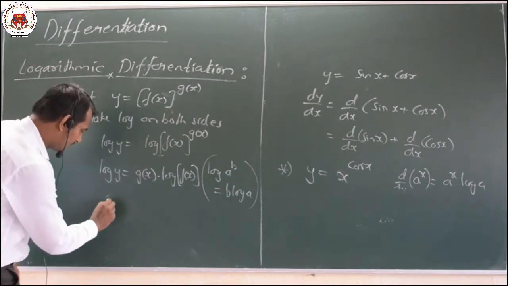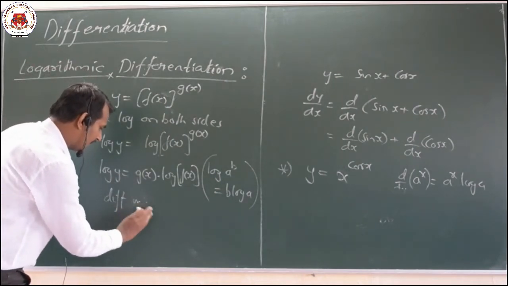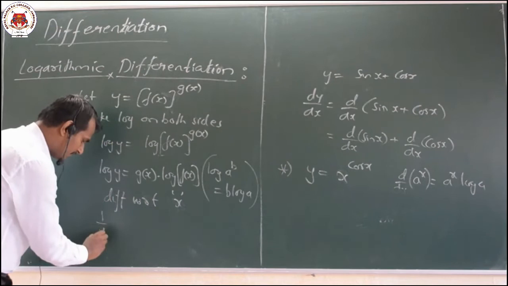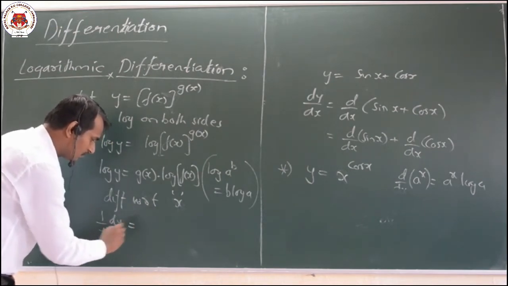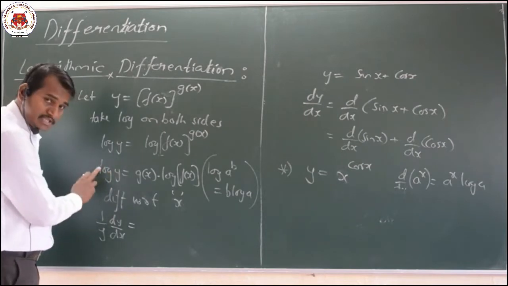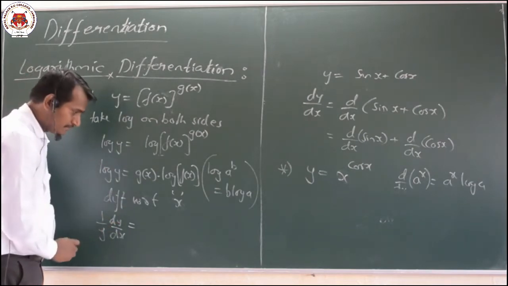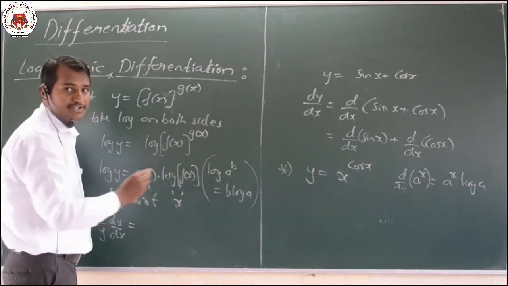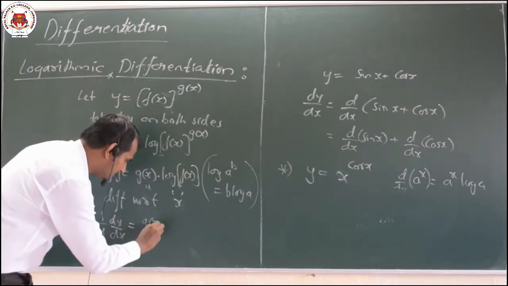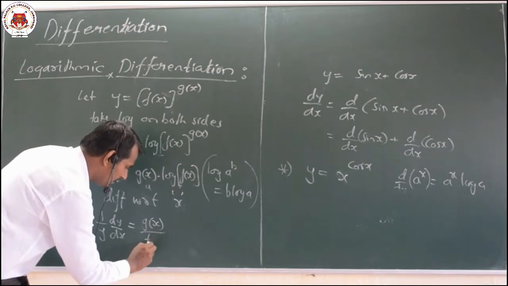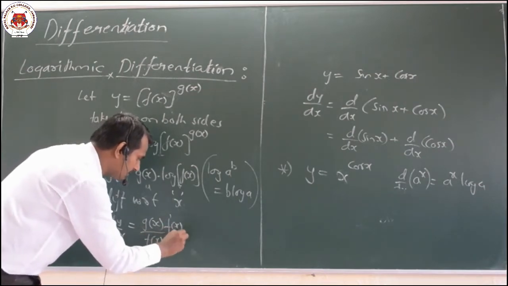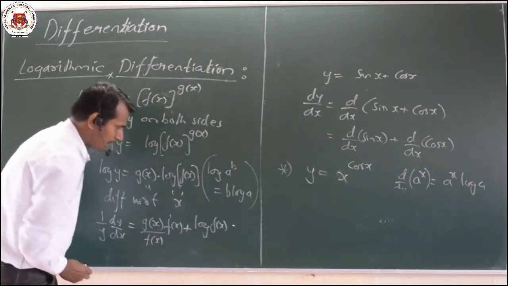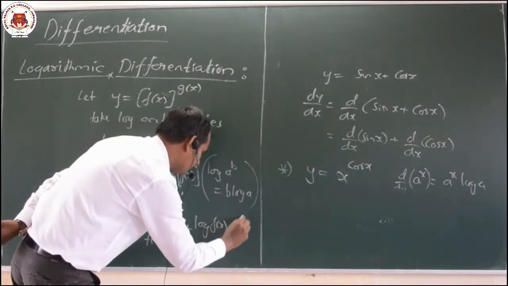Differentiate with respect to x. The derivative of log y is 1 by y into dy by dx, equal to the derivative of the right side. Here one part is u and the other part is v, so by using the product rule you can differentiate easily: g of x as it is, times the differentiation of log f of x, which is 1 by f of x into f dash of x, plus log f of x as it is, times the differentiation of g of x, that is g dash of x.